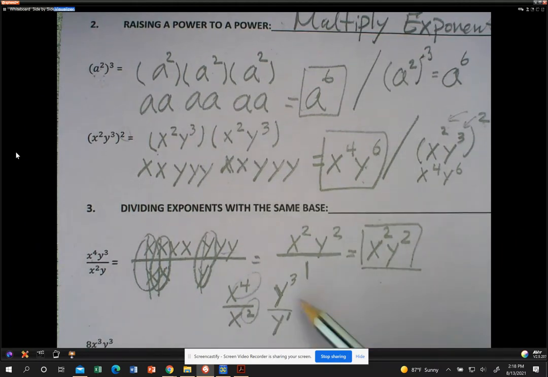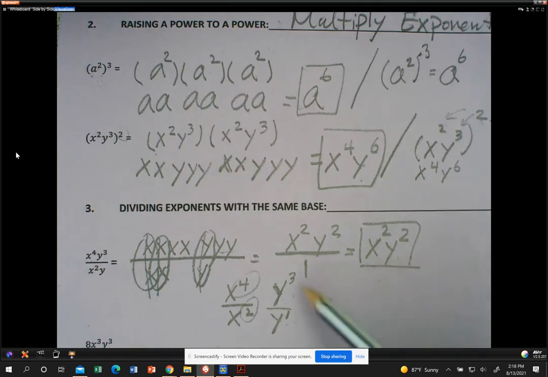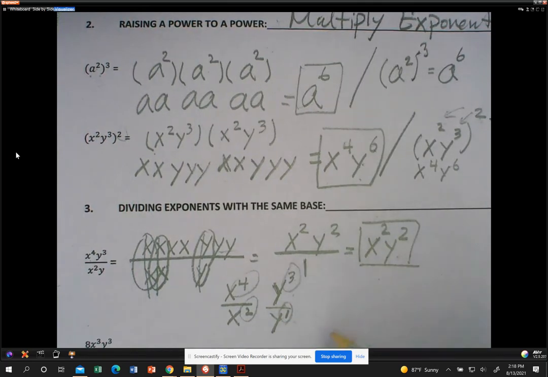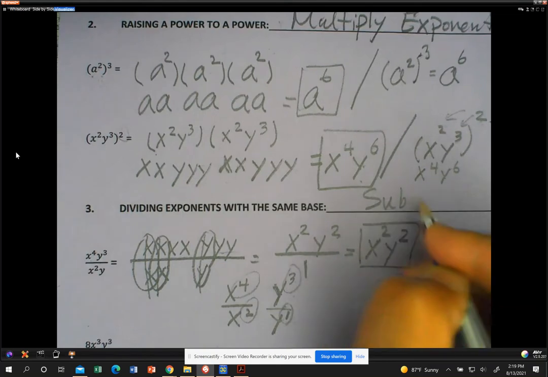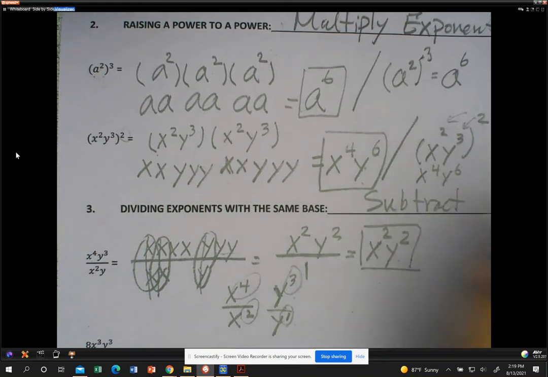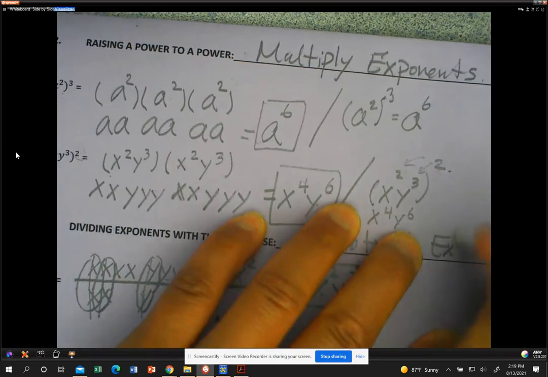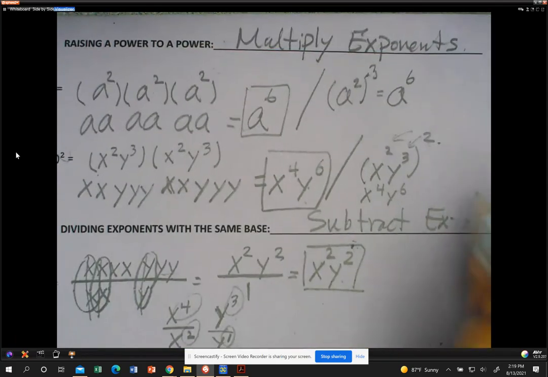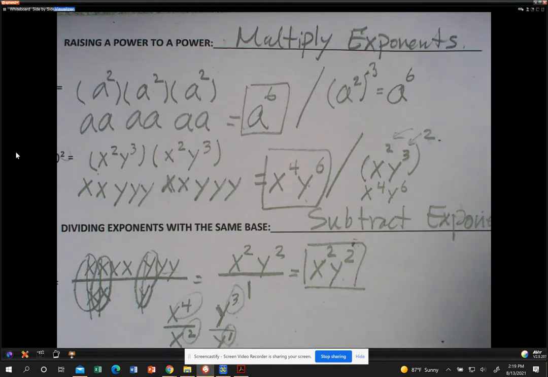For you to get from y to the third and y to the first to be y to the second, what are you doing to those two numbers? Are we dividing or are we subtracting? We're subtracting. So for this rule, the shortcut is you subtract the exponent. Okay, we're going to subtract the exponent.